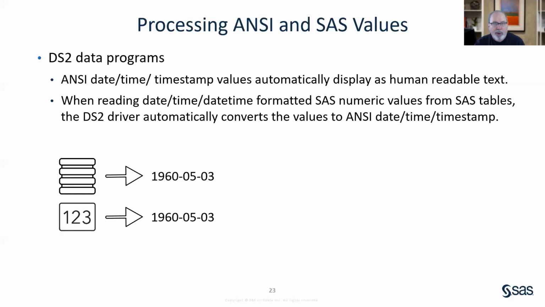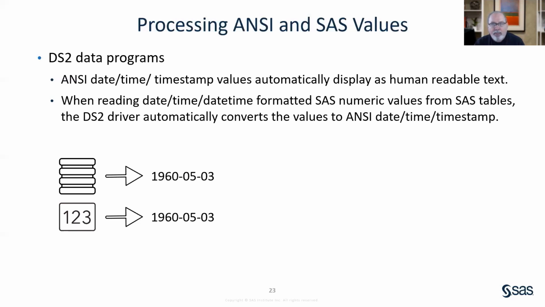When we read floating point numeric values from SAS datasets that have a date, time, or datetime format attached to them, much like writing that value into a relational database, DS2 automatically converts those values into ANSI date, time, and timestamp values.